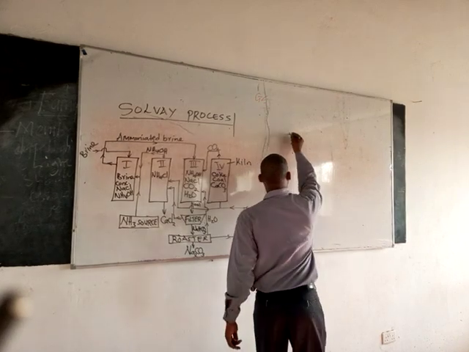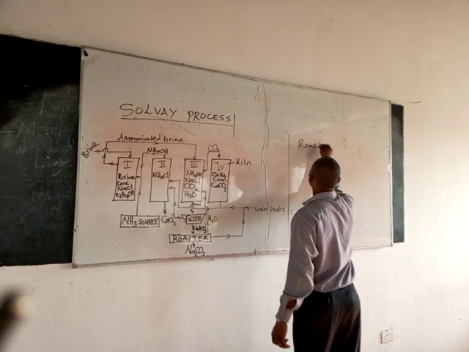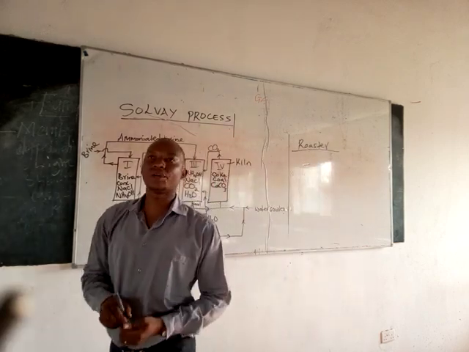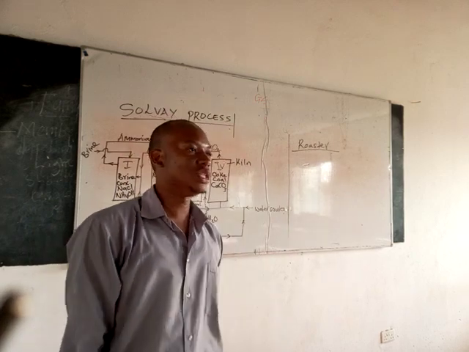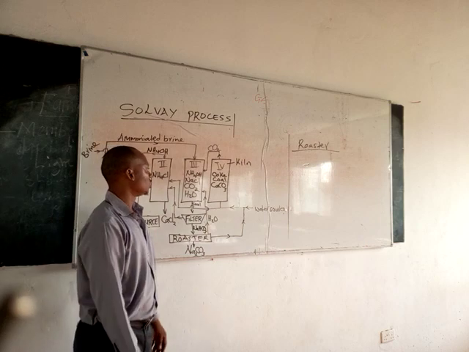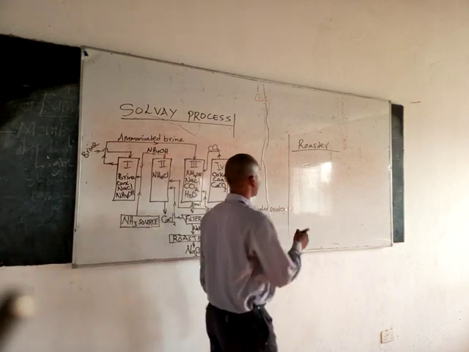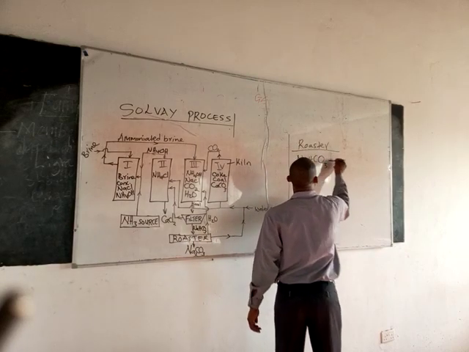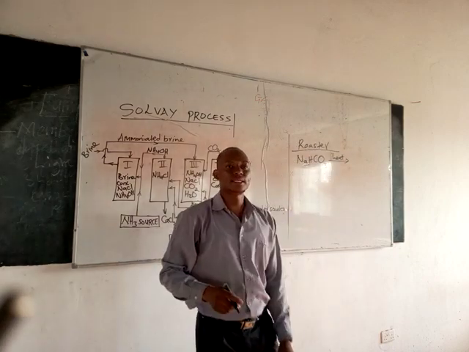So what is happening in the roaster? From the word roaster, we get roasting. That means we are heating a substance strongly. So in this case, when you roast or strongly heat sodium hydrogen carbonate, then it gets decomposed.